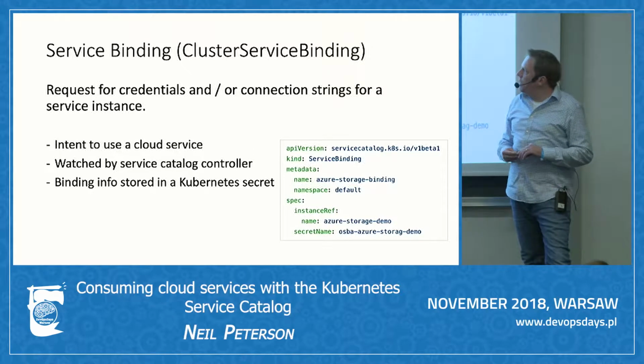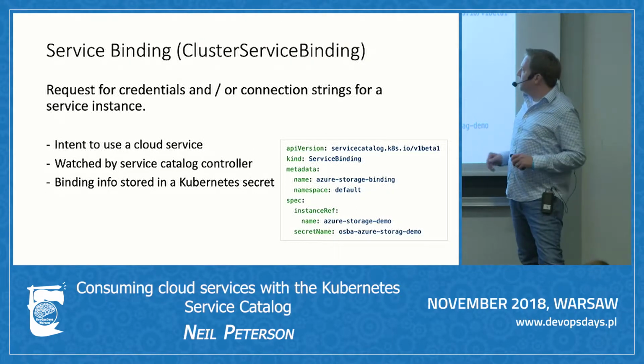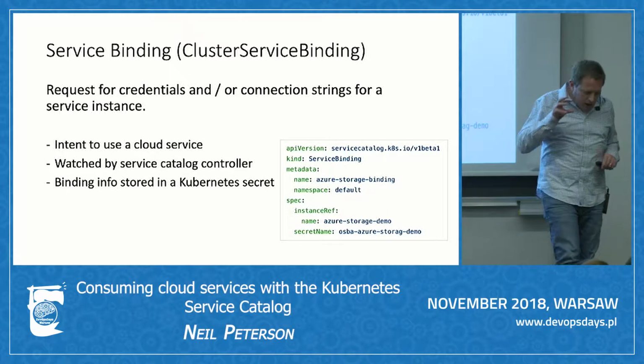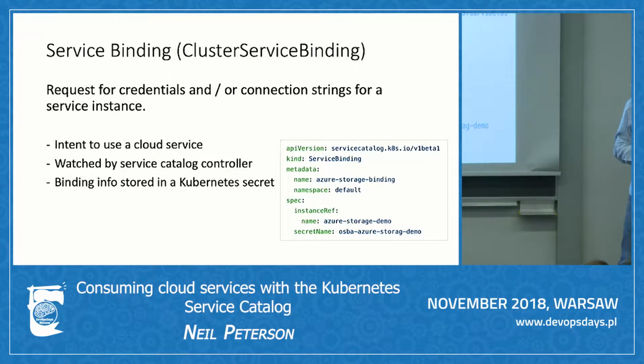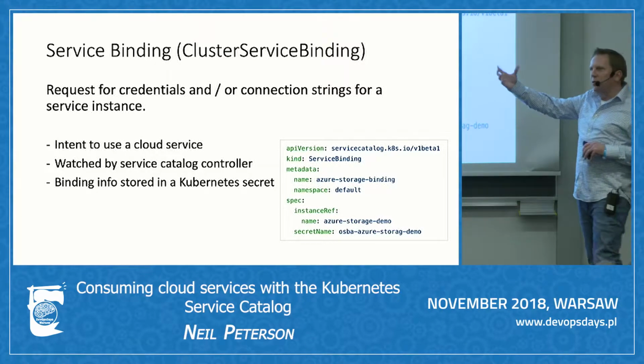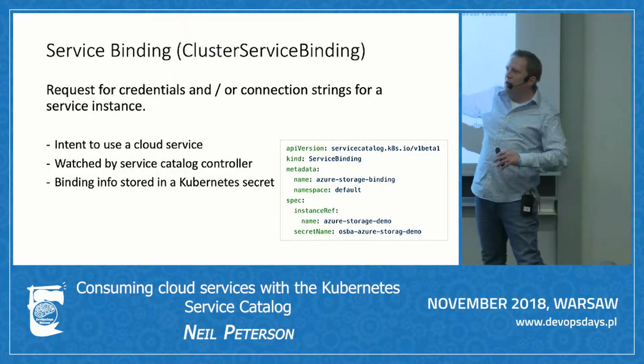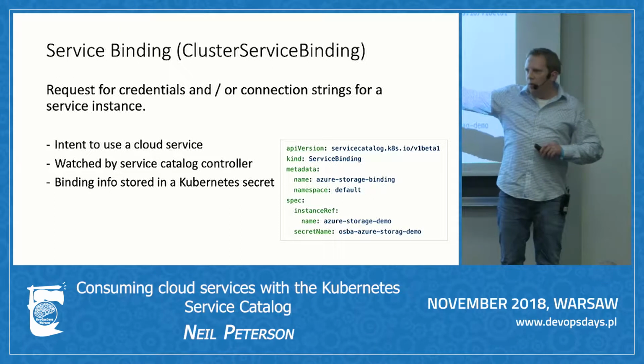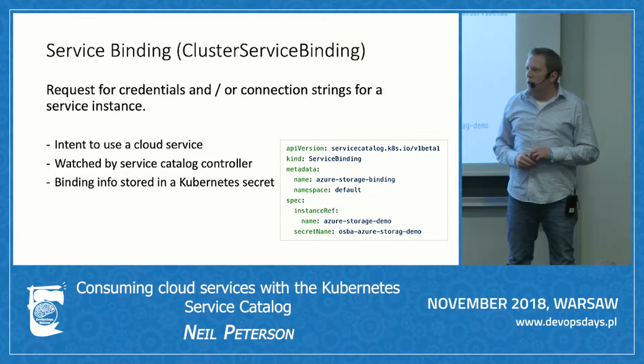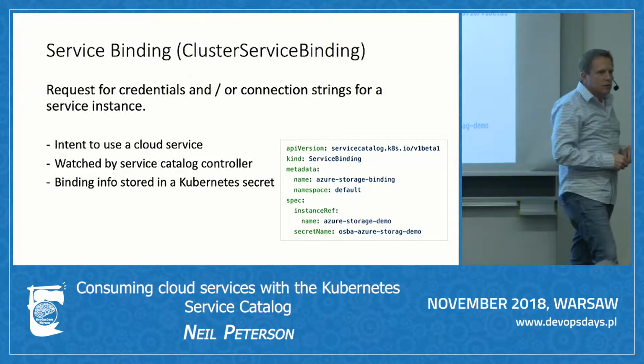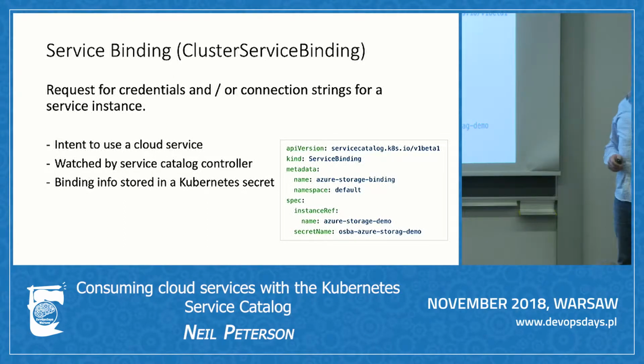When I create a service binding of an instance, what happens is that Service Catalog goes out to that instance in the cloud provider, gets the secrets, or the credentials, or the connection strings, or whatever has been coded as the output, brings those into Kubernetes, and stores them as a Kubernetes secret. So service instance, I want to create something. Service binding, I want to go out and get the secrets and pull them back into the cluster.